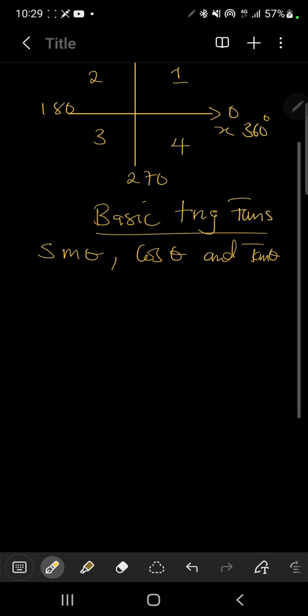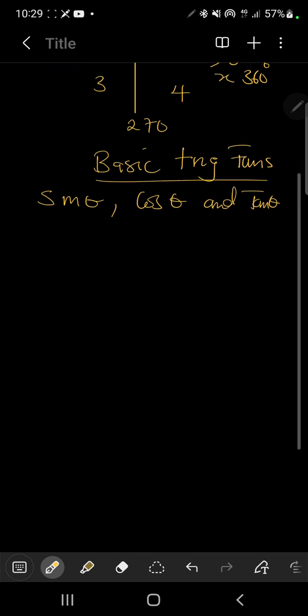These are the basic trig functions that we have. Now, these basic trig functions also have their reciprocals. So we can talk of the reciprocals now.